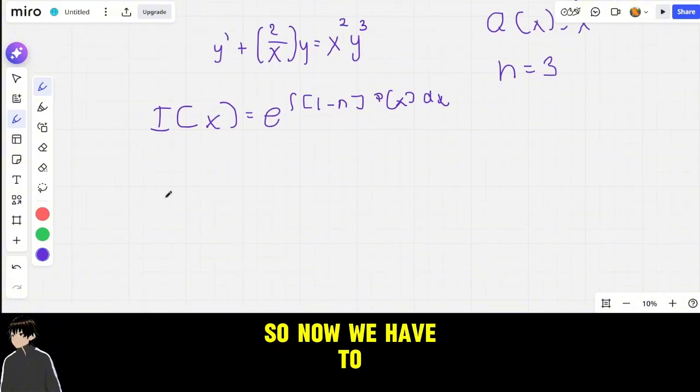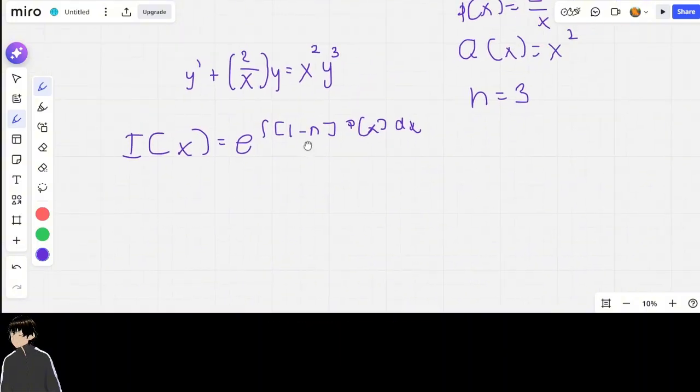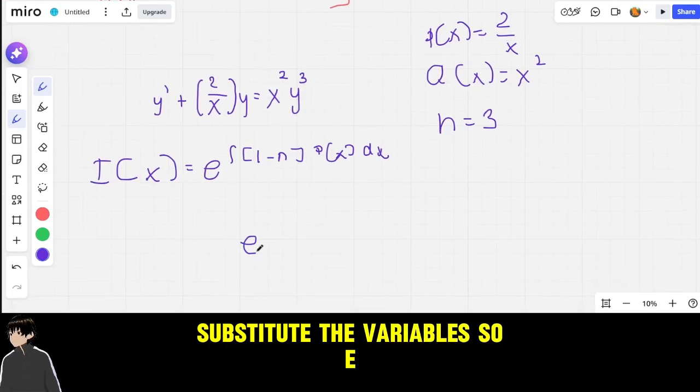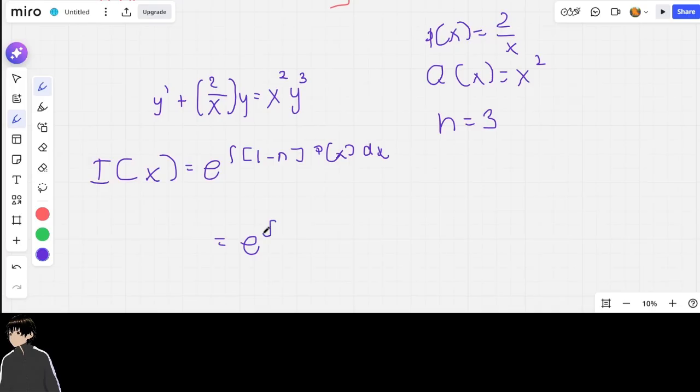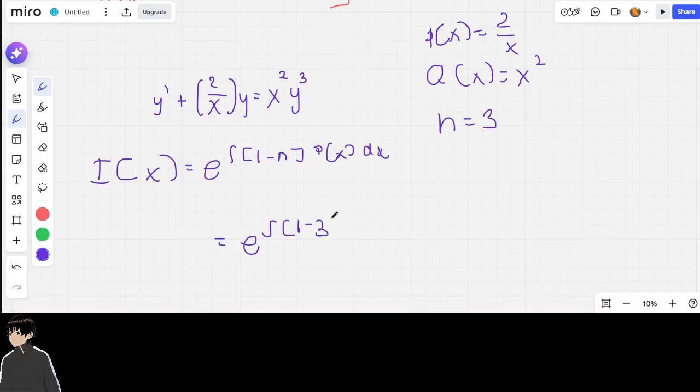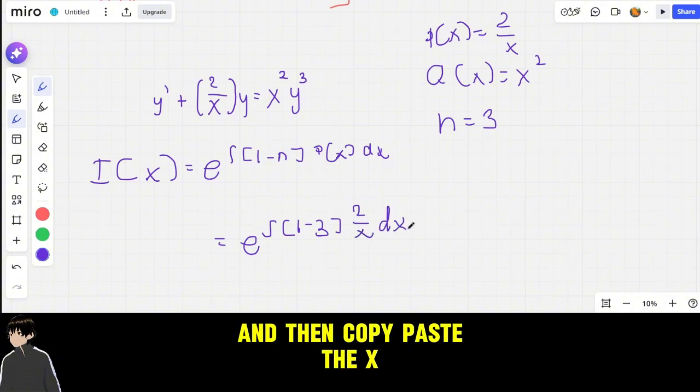Now we have to substitute the variables. So e to the integral of 1 minus n, which is 3, times p of x, which is 2 over x, and then copy, paste dx.